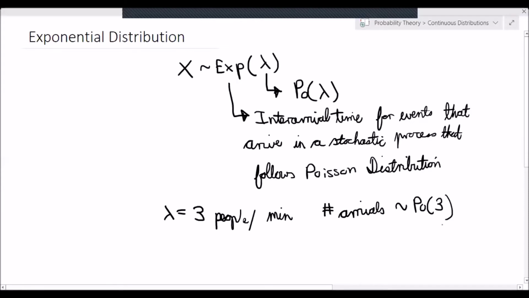But the amount of time in between arrivals of individual people is going to be distributed as an exponential random variable with a rate parameter of lambda equals 3.